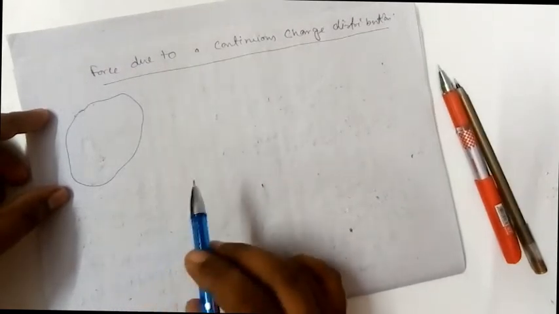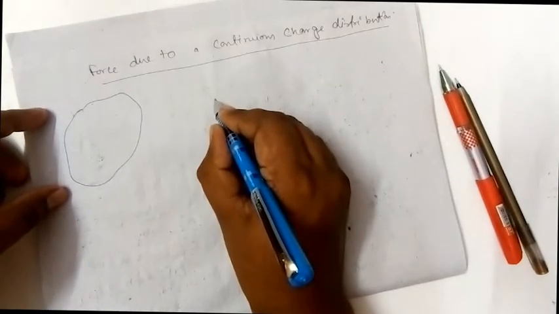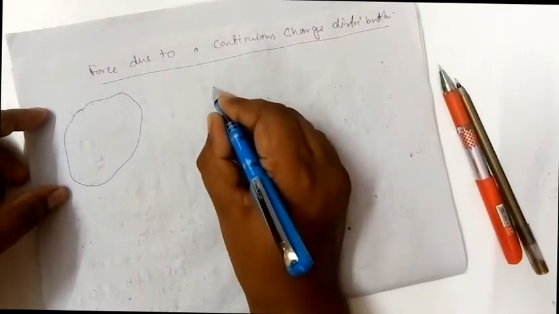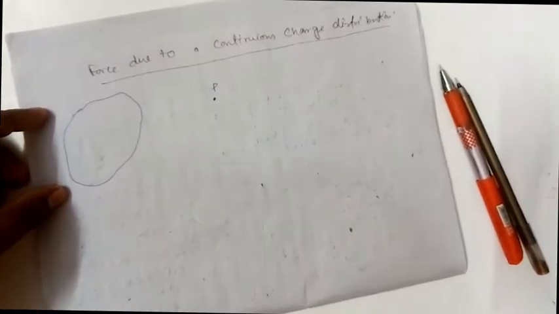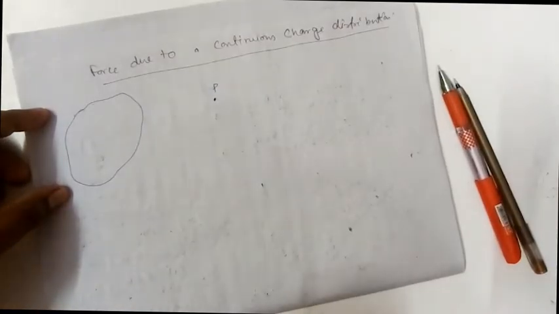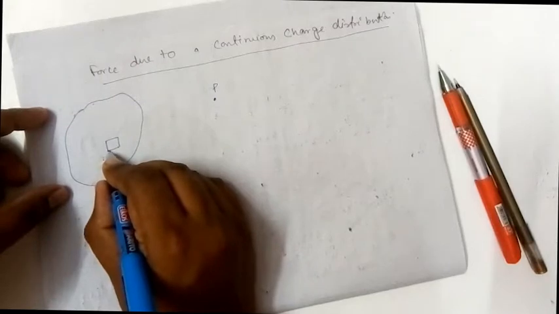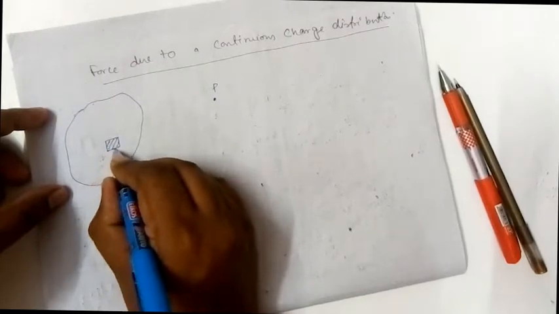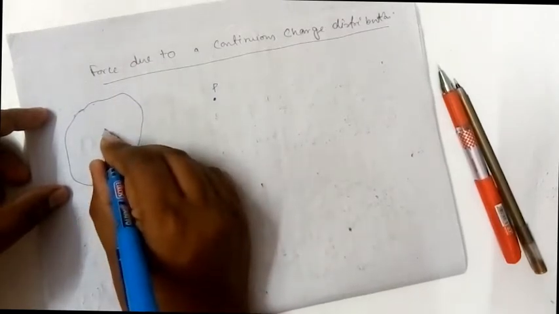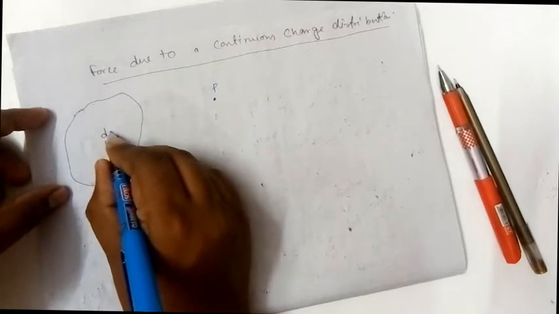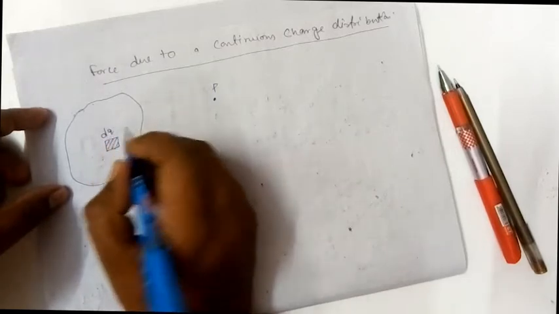For this region, assume I want to find the force at point P. What we have to do here is assume a very small portion, and assume that the charge of this small portion is dq.